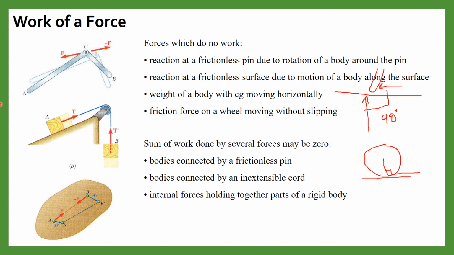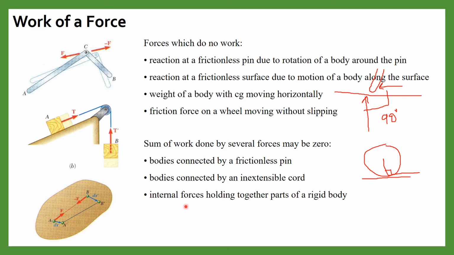Similarly, bodies connected by an inextensible cord, as in this case. Again, if this is doing positive work, then this will do negative work, so overall the work will be 0.